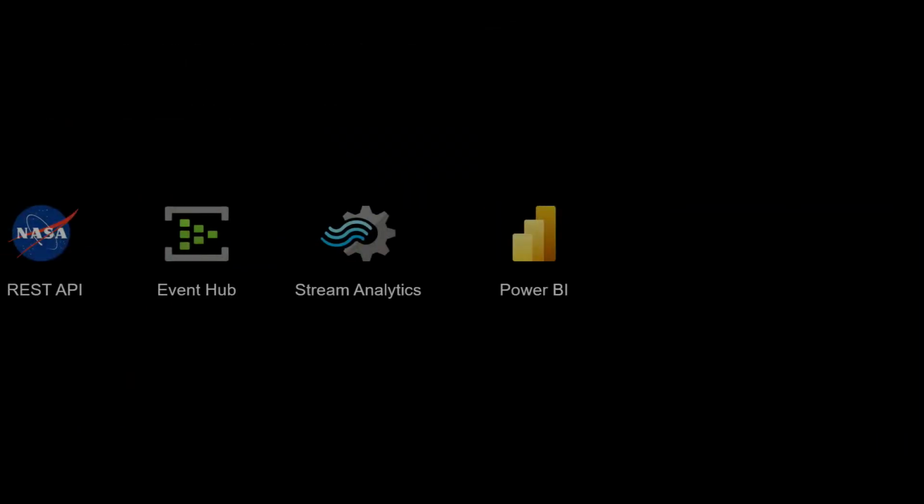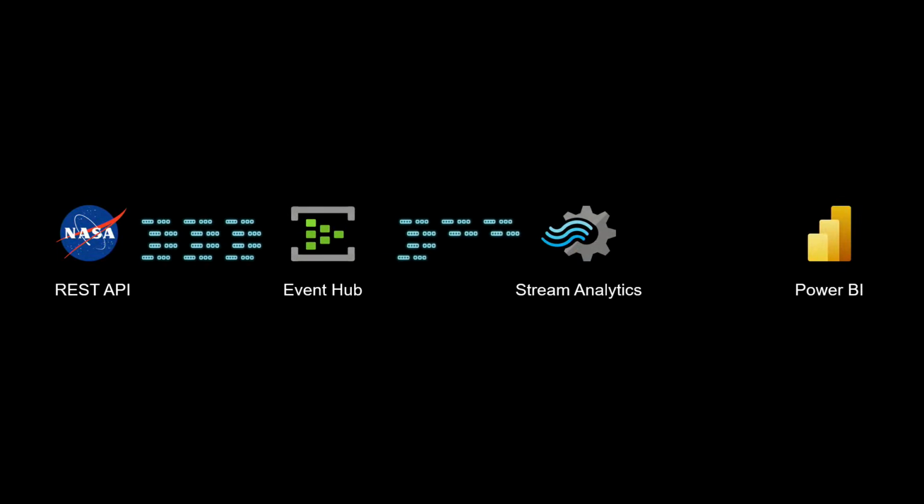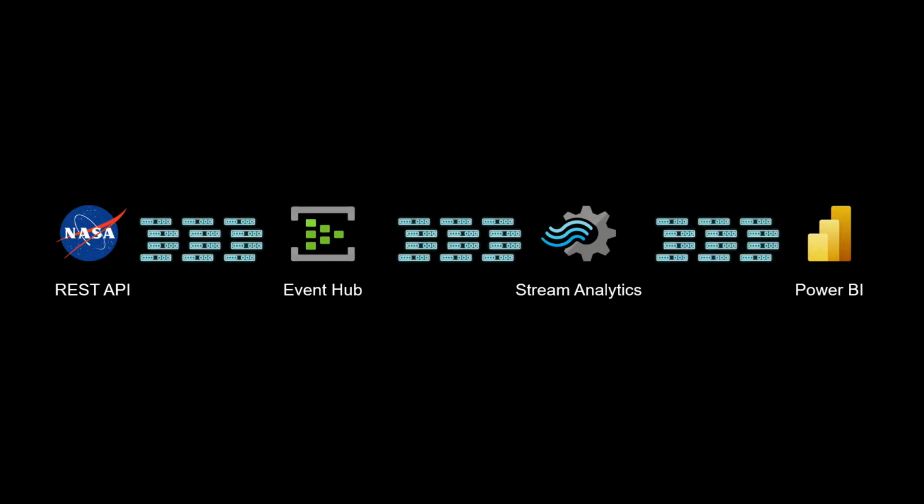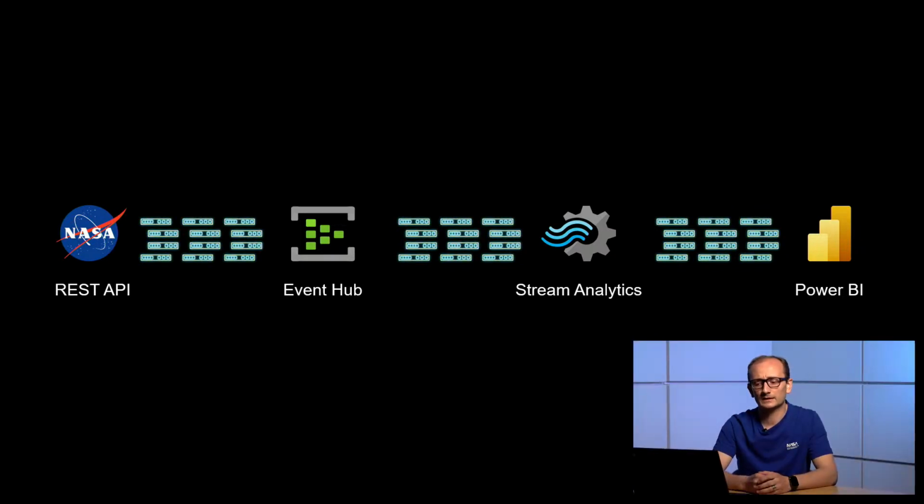In the demo part, I'm going to use NASA REST APIs to get our satellite data, and with Event Hub, delegate this data to Azure, make queries with Stream Analytics on Event Hub, and have a useful dashboard in Power BI. So let's go.